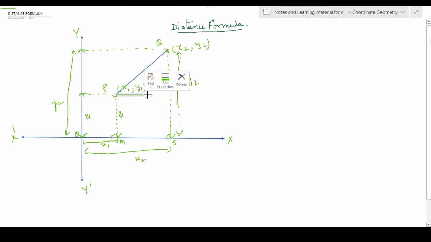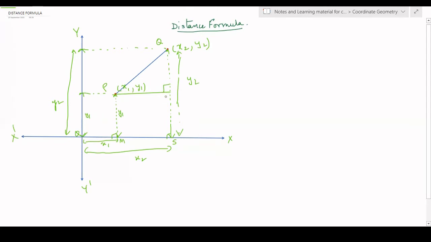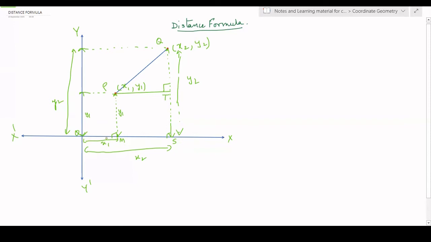Let's drop the perpendicular from P to join it on QS. This is the perpendicular drawn. So now my interest is to get the distance PT. Since O to S, the distance is x2, and from O to M, the distance is x1, my distance MS is x2 minus x1.